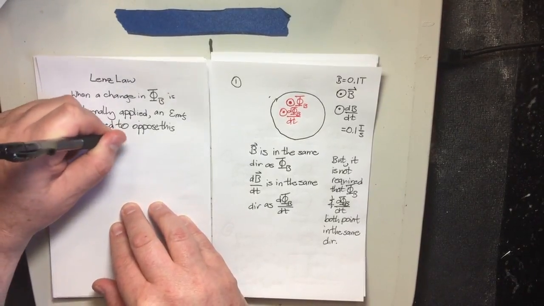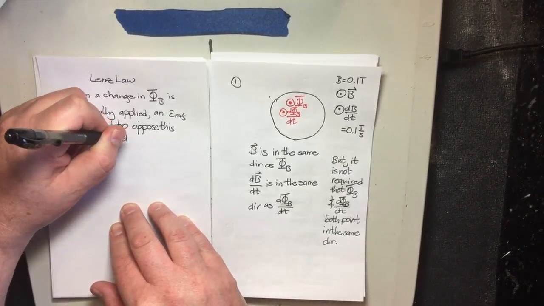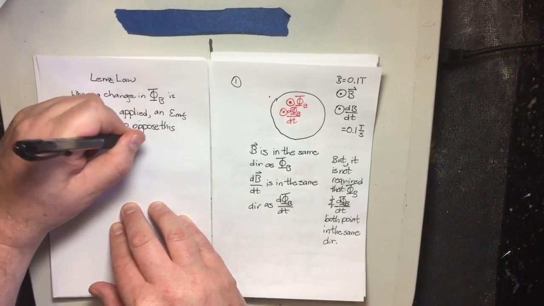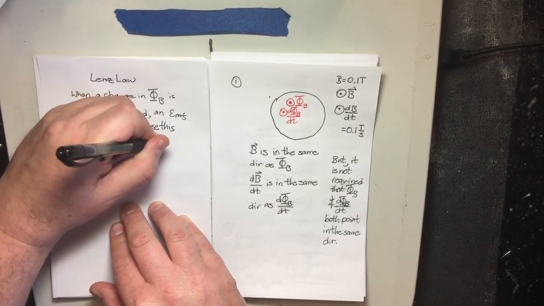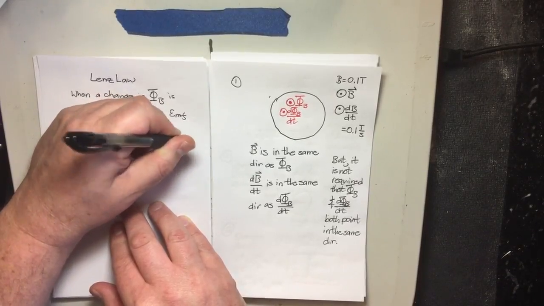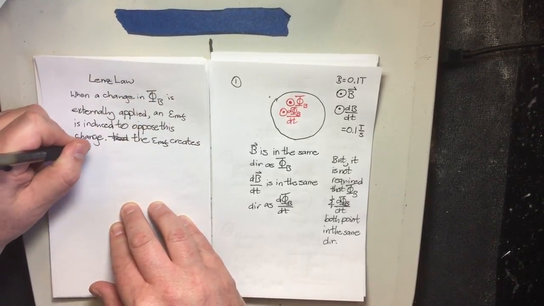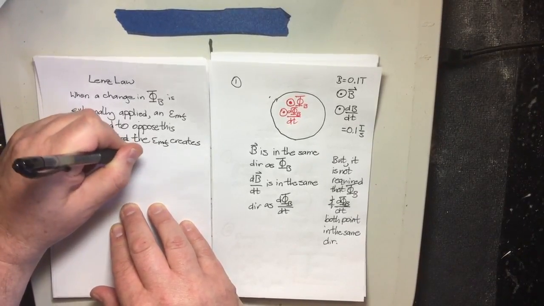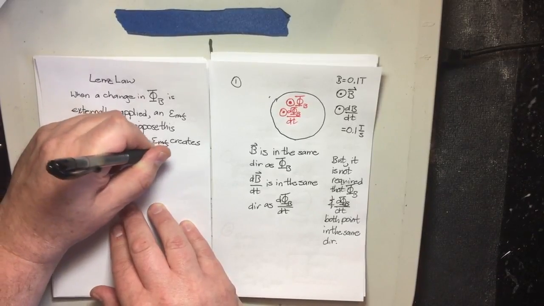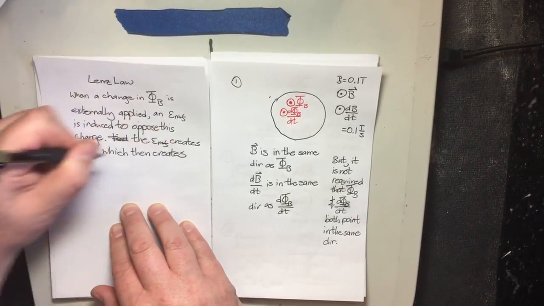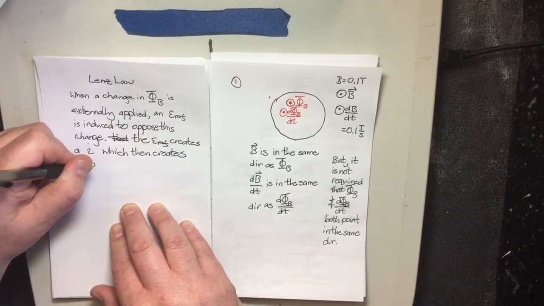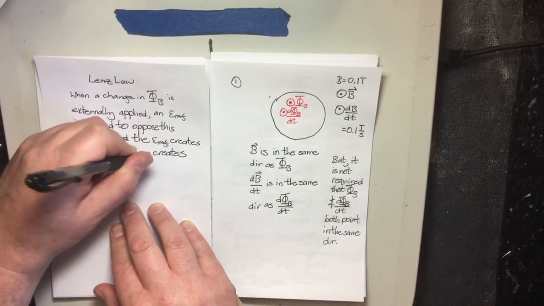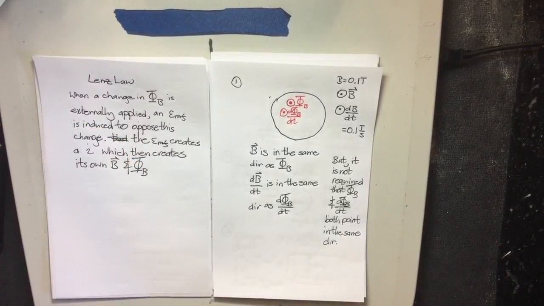Because of this EMF, the EMF creates a current, which then creates its own B field and magnetic flux.